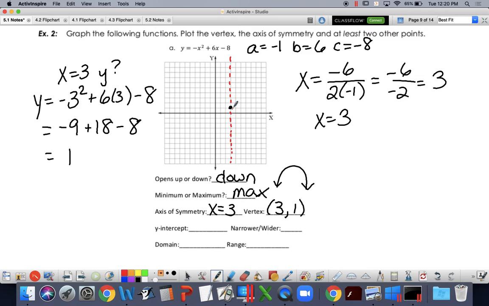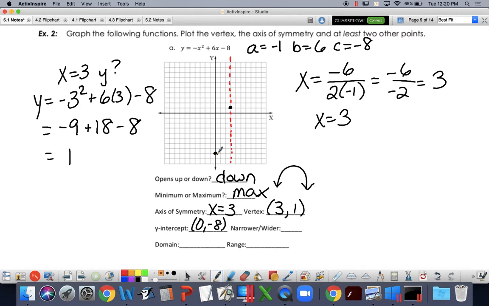Y-intercept. Well, for my y-intercept, I just look at my c value. My c value tells me right away that my y-intercept is at (0, -8). And I plot that. Now the question becomes, in order to graph a line, remember back in Unit 1, I only needed 2 points to graph a line.